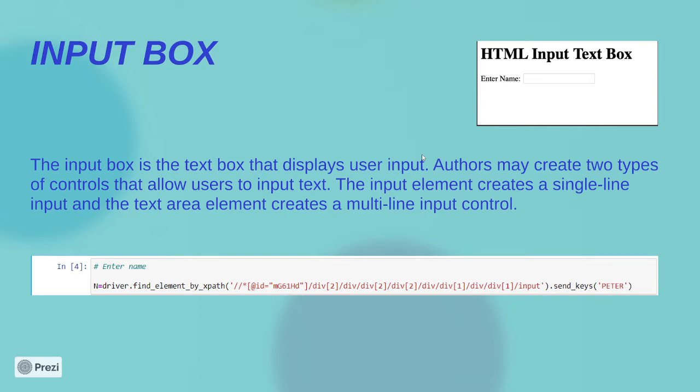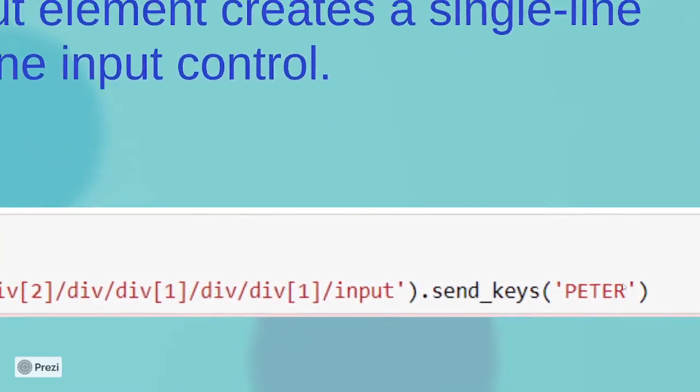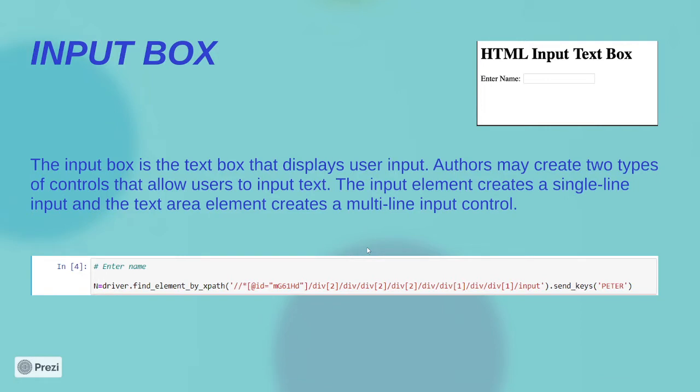For example, this line of code shown below enters the name Peter into an input box like this. For this we can use many libraries, for example in Python we can use Selenium for the purpose of automating the process of filling forms.